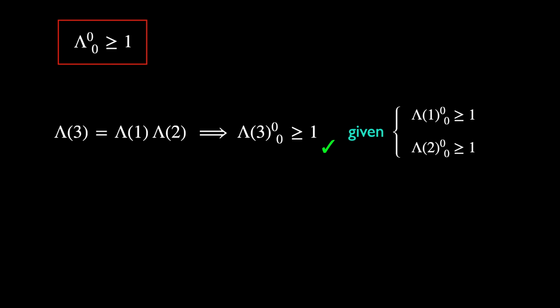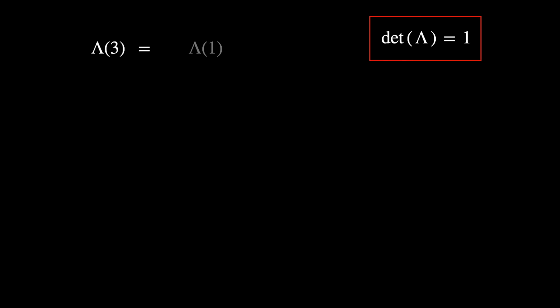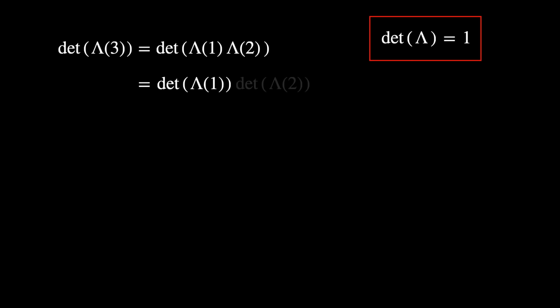This is a necessary feature for this group of transformations to be closed. The second property is that its determinant is equal to 1. This is also preserved by composition, since the determinant of a product is equal to the product of determinants. This is an elementary fact in matrix analysis.